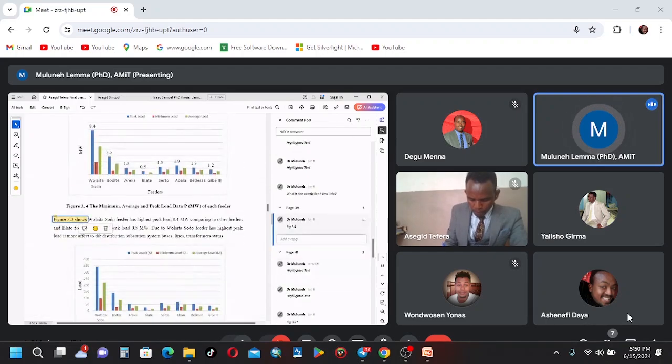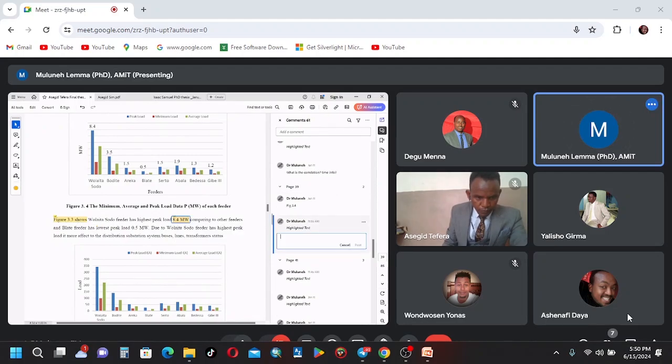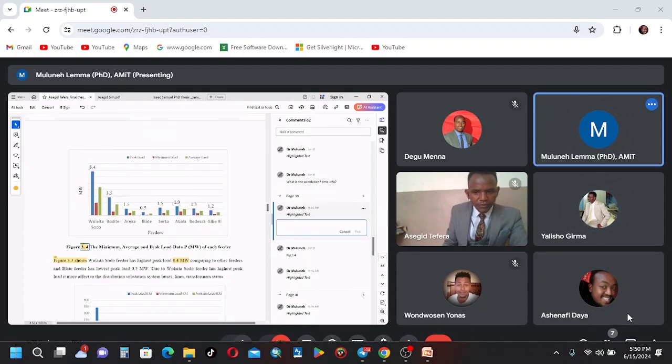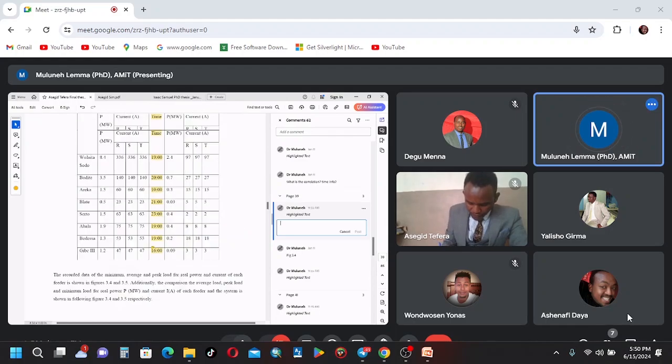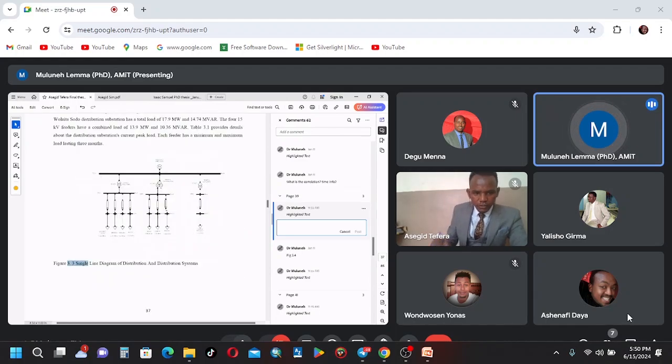The other, figure 3.3 shows Walaita Sodo feeder has the highest peak load of 8.4. Is this figure 3.3 or figure 3.4? Figure 3.3 is something different.